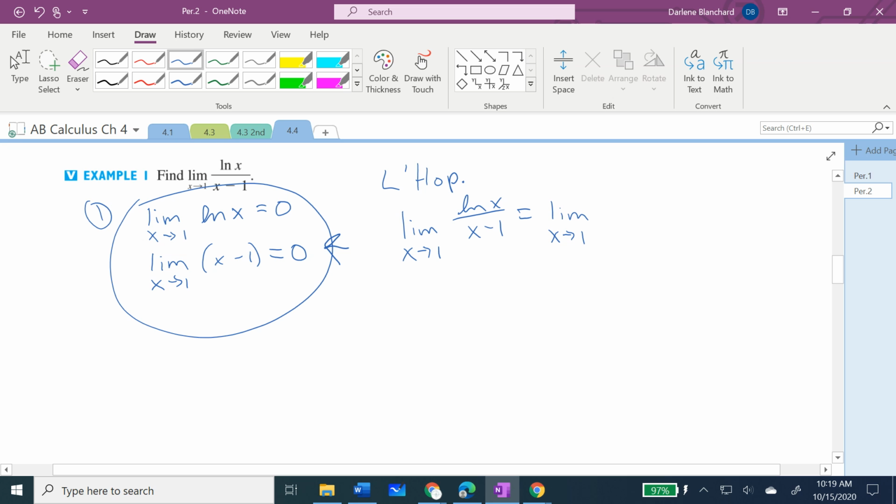And don't quotient rule this. You're going to be tempted, but make your life happier. Derivative of the numerator. Derivative of the denominator. And now try plugging 1 in. And yeehaw, look at that. We got a limit.